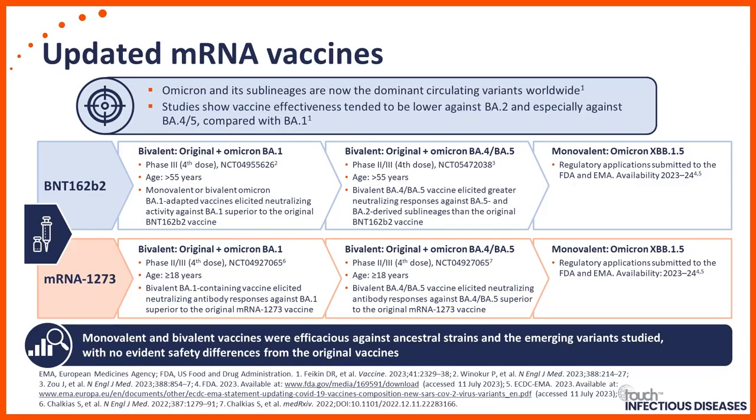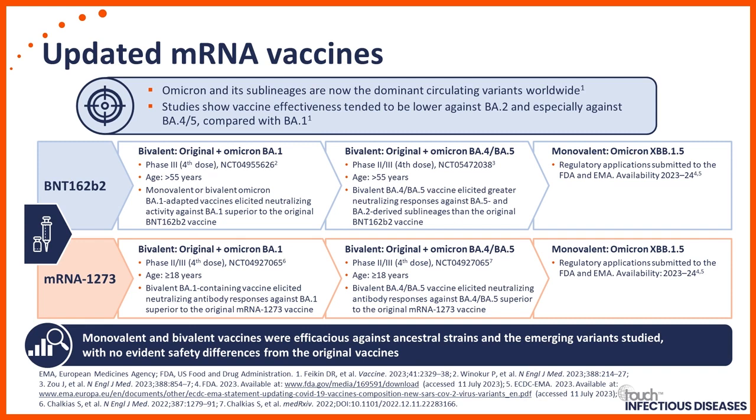What we then saw was that rapid adaptation was possible, and we got bivalent vaccines against that original virus and against the Omicron variant of concern, BA.1. And then after that BA.1 wave, when others became more prevalent, there were new vaccines, BA.4 and BA.5 directed, and recently a monovalent vaccine directed against XBB 1.5.